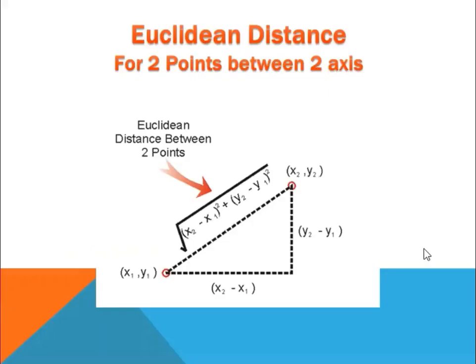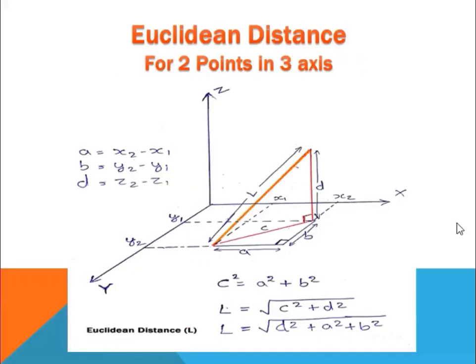Throughout this video, we calculated the Euclidean distance. I just want to make you visualize what Euclidean distance actually looks like. So suppose there are 2 points, x1, y1 and x2, y2. The x coordinate distance between the 2 points is x2 minus x1. Similarly, the y coordinate distance between the 2 points is y2 minus y1. So this will be the Euclidean distance.